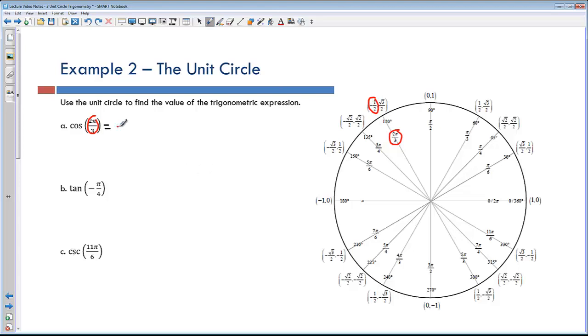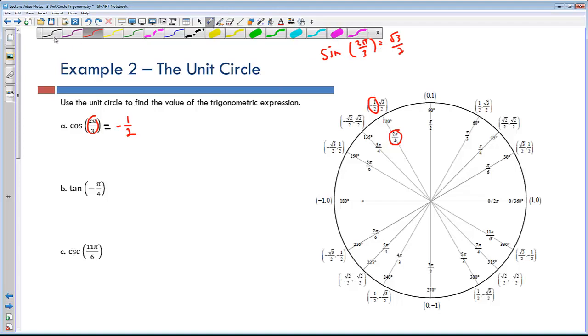And so it's just equal to negative 1/2. It's nice and easy. You just look, find the angle, and then make sure you take the right one, the input, because that's the cosine. Now the sine of 2 pi over 3, that wouldn't be the input, that would be the output. So it's equal to root 3 over 2. And that's how you use the unit circle to find the cosine or sine of an angle, basically.